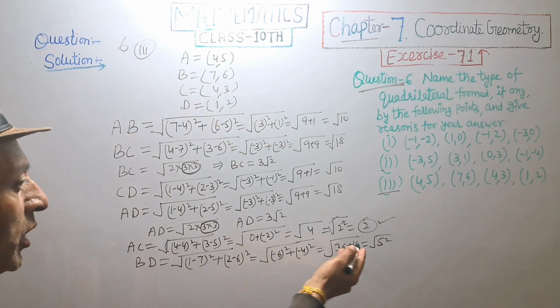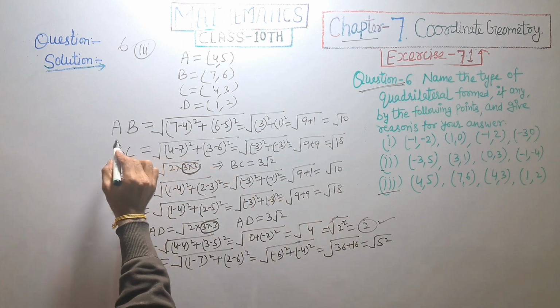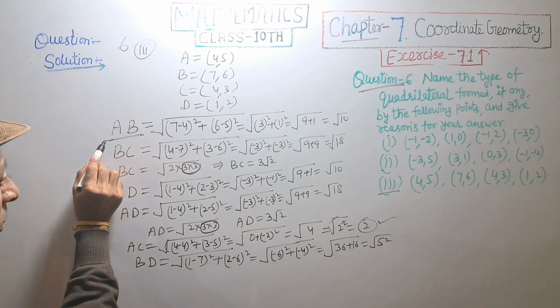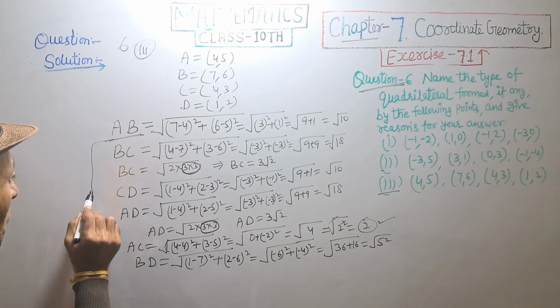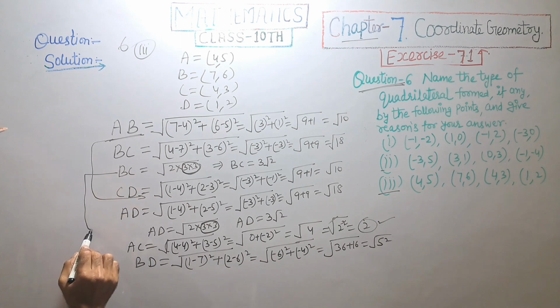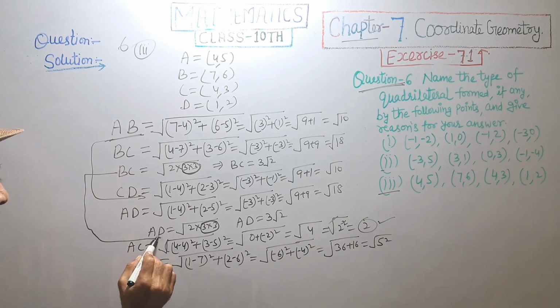But AC is not equal to BD, and AB is equal to CD, and BC is equal to AD.